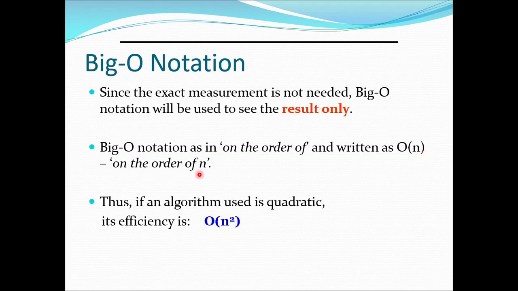So if an algorithm is quadratic, that means there is a power of n, and we write the efficiency like this: O(n squared), quadratic. That means on the order of n squared. That's how we say it when we look at big O notation.